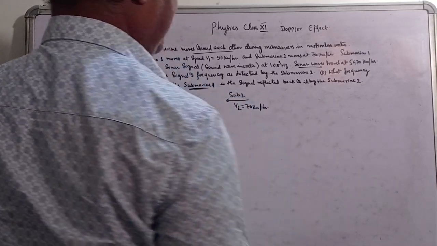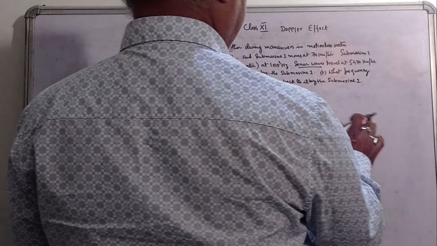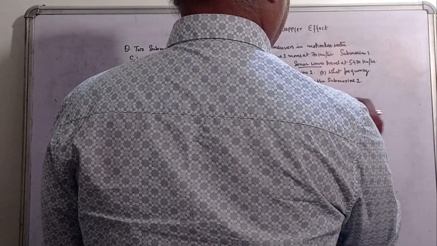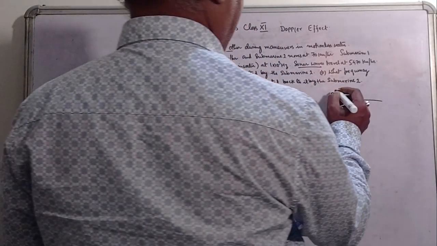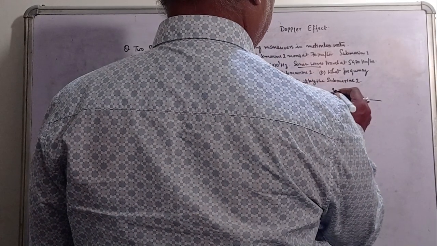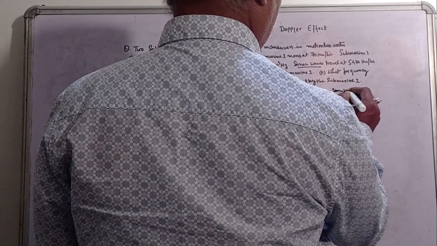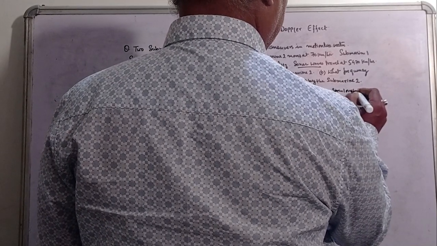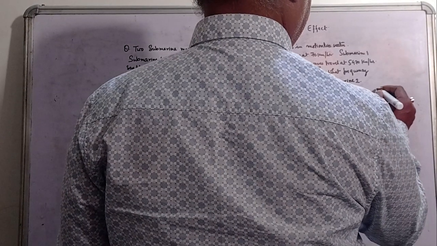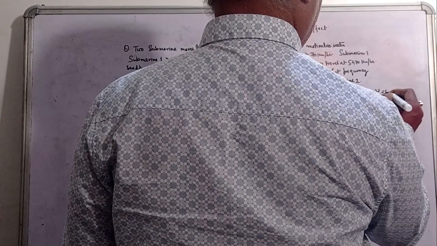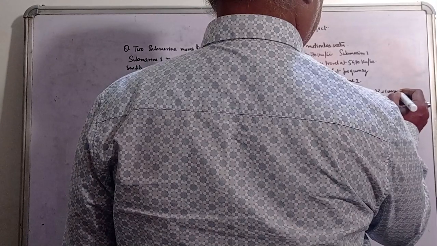Now you have learnt in Doppler's effect, suppose there is a police person standing on a highway. The frequency of the siren emitted is say 1000 hertz. Then a person standing on the same highway will hear the same frequency, 1000 hertz.